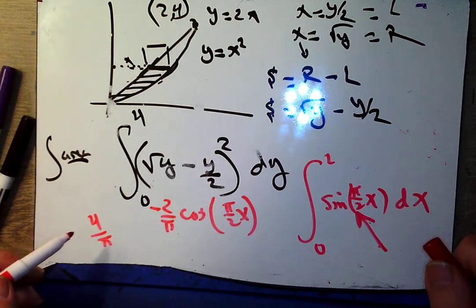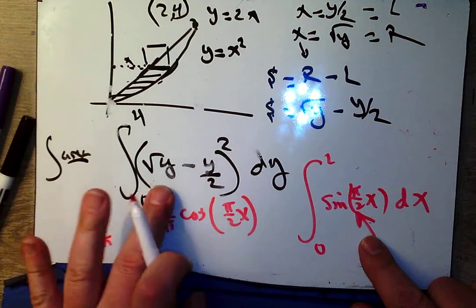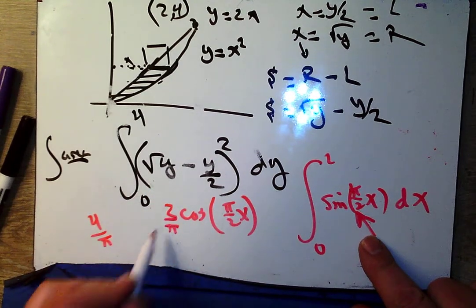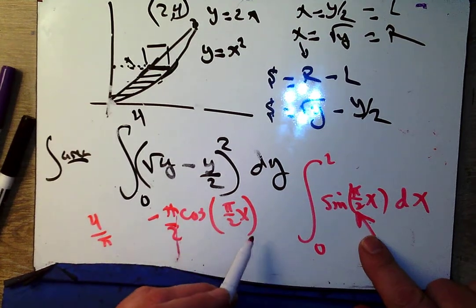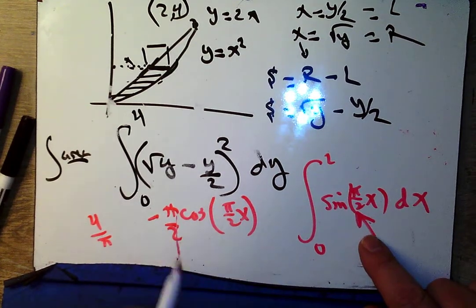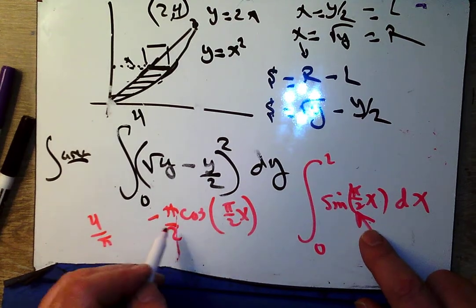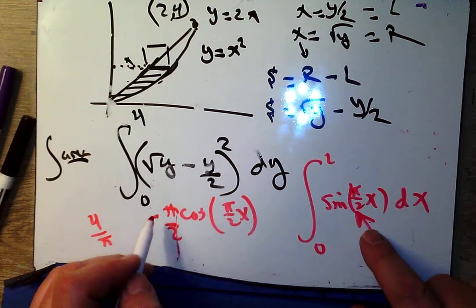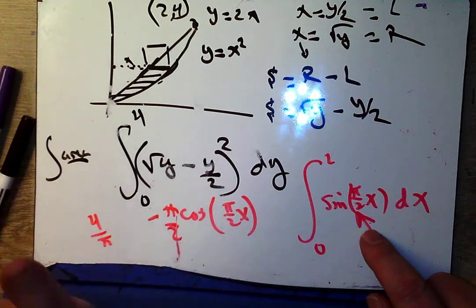Now I will say, there are lots of situations where if you have 2 over pi, pi over 2 here, they may very well be told, yes, they can read with your mistake. You already lost that point for the antiderivative. And sometimes they say, if you lose that point, we're done reading.